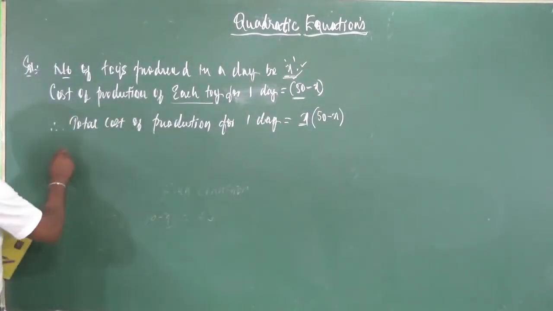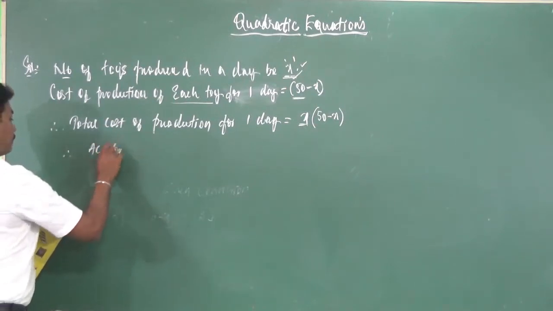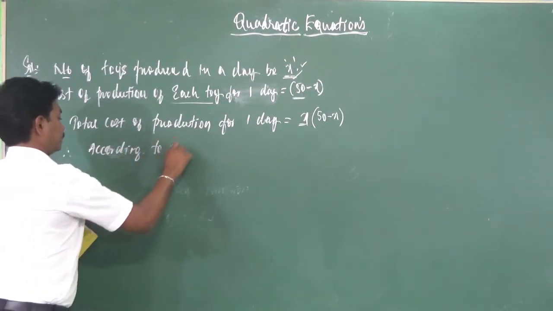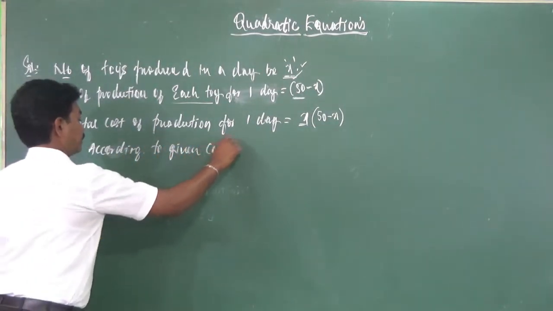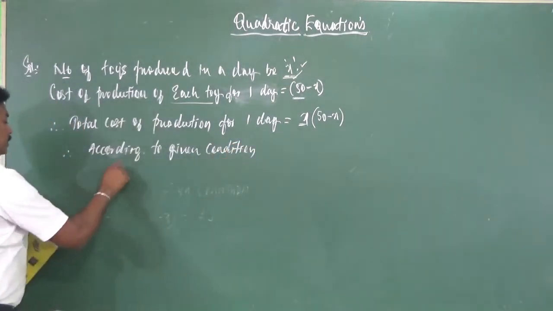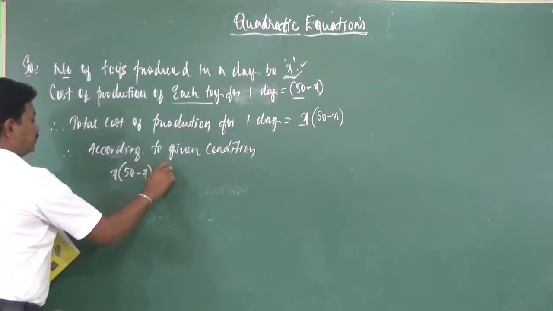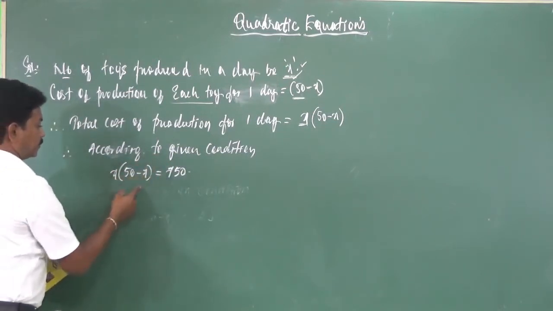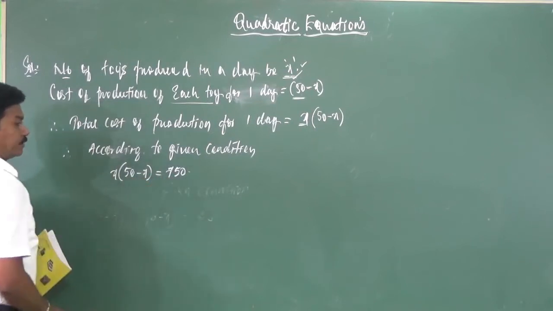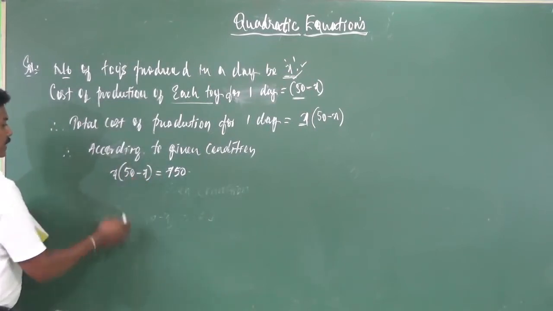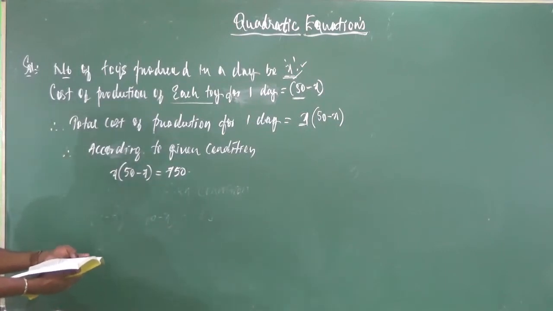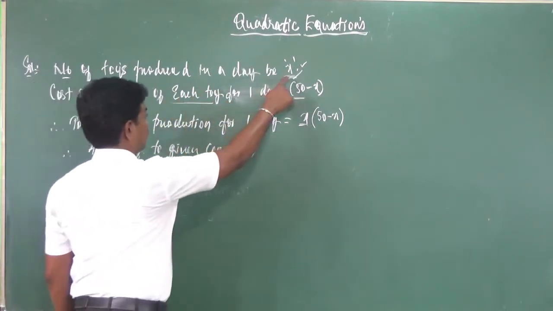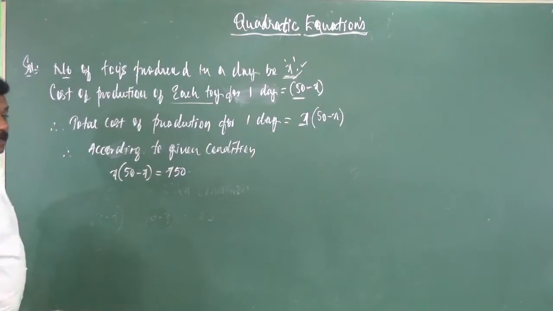So according to the given condition, x into 55 minus x is equal to 750 rupees. The question is, find the number of toys produced in one day. So number of toys produced in one day is x, and you have to find the value of x in this equation.